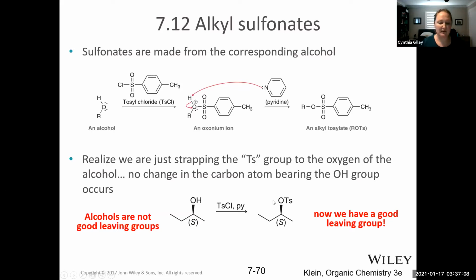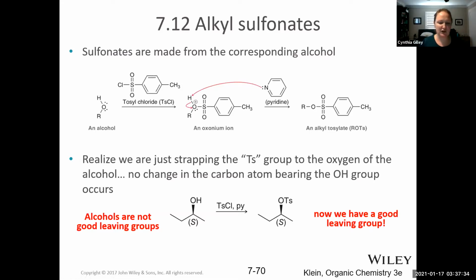And then we could, for example, do an elimination reaction with a strong base if we wanted to, or even a substitution reaction. If we used an acid to make this a good leaving group, the water could leave to form a secondary carbocation, and then you could get a racemic mixture of substitution products, basically going through an SN1 pathway.